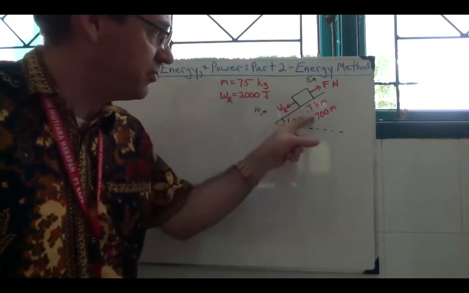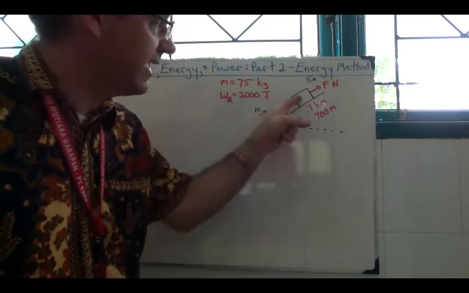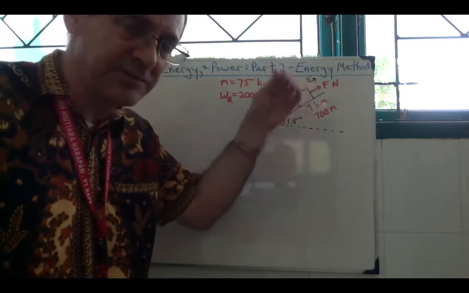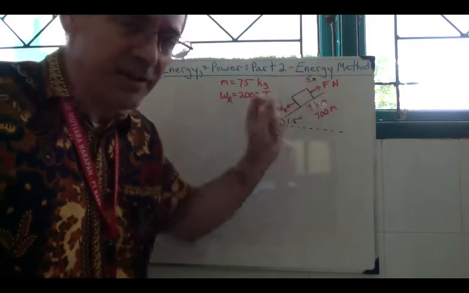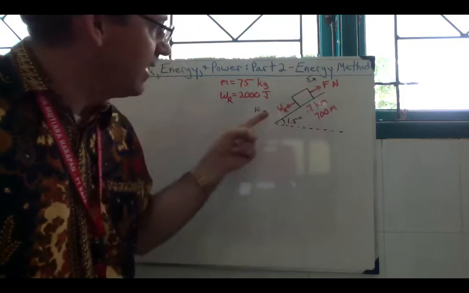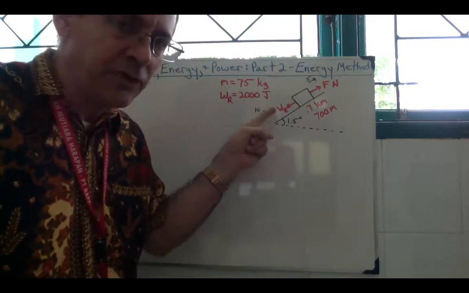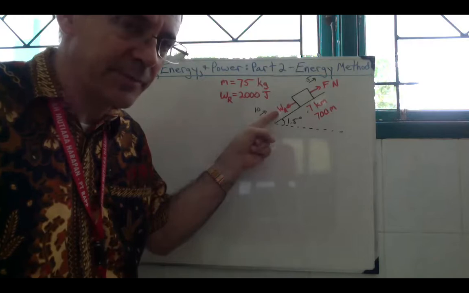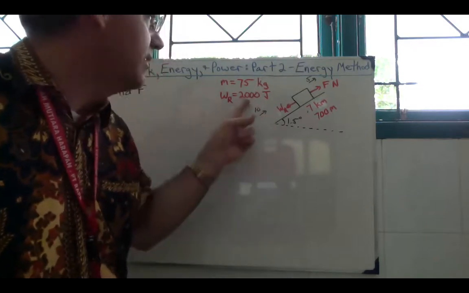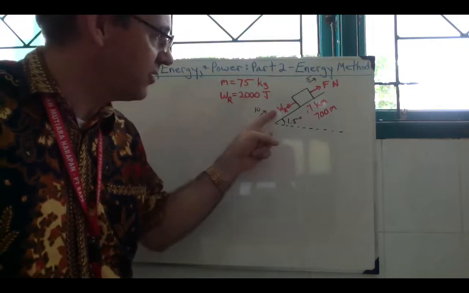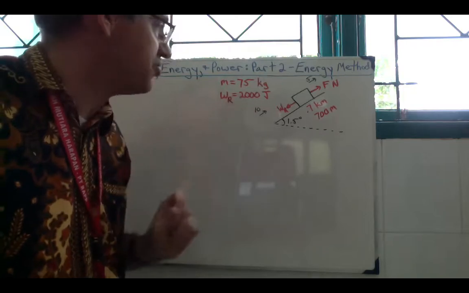So make sure you're careful with that, 700 meters. The cyclist is exerting a force, sometimes we call it our driving force, in the direction of motion. And notice there is a work done against resistance. Normally I just put the number here, but because it's work and not newtons, I wanted to point that out. So this is work done against resistance of 2,000 joules.